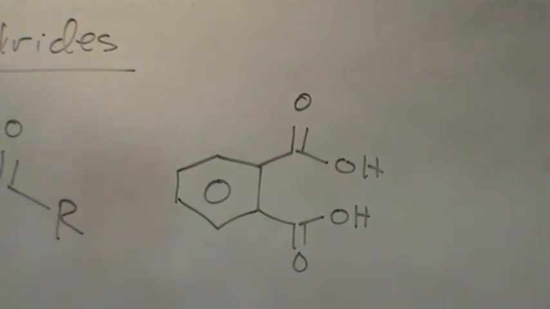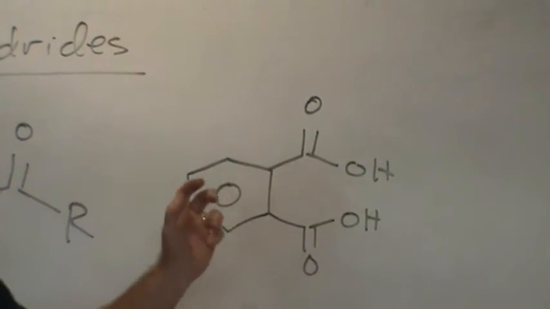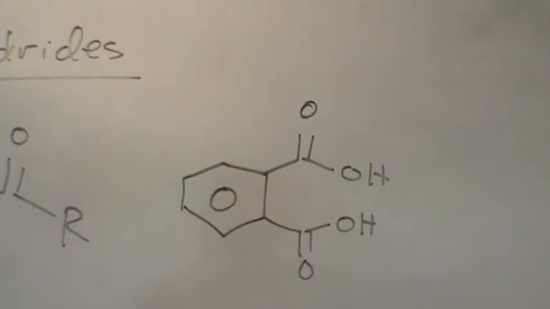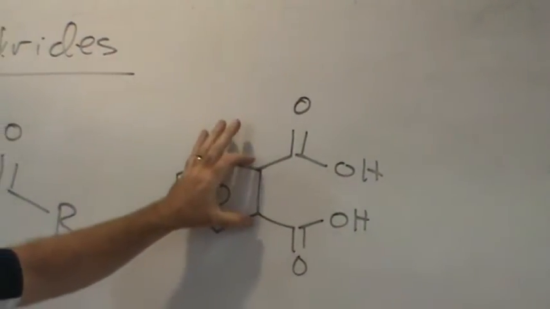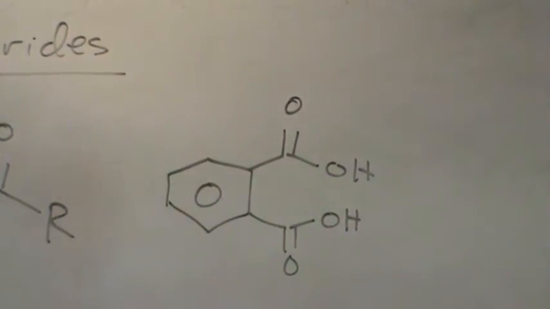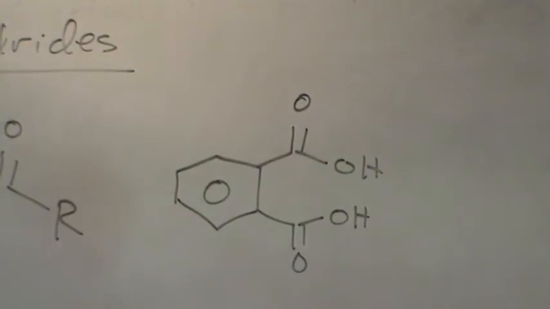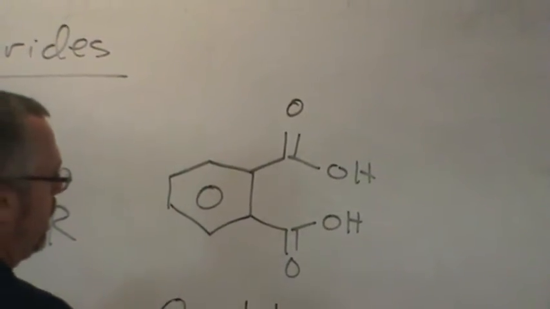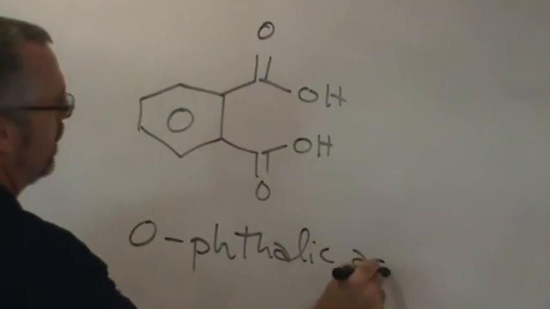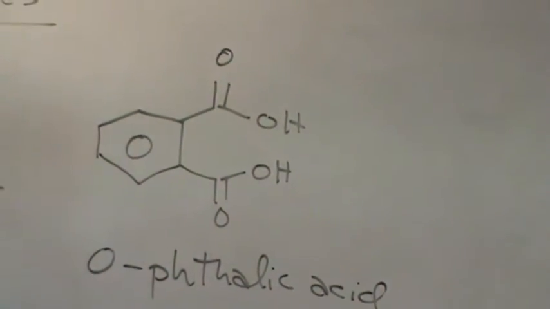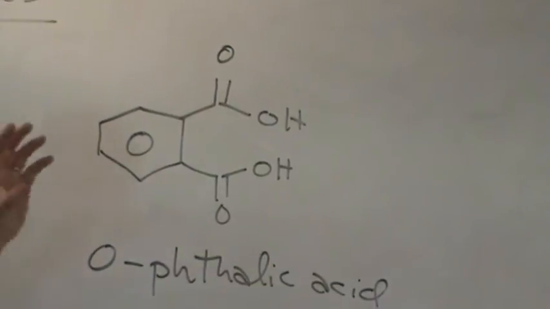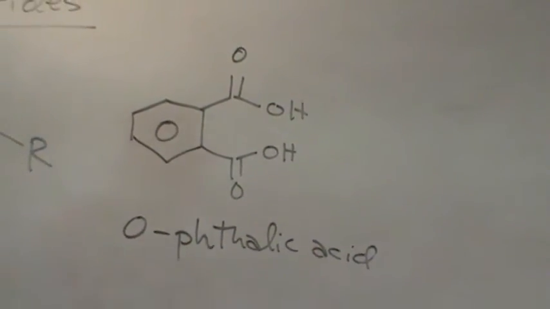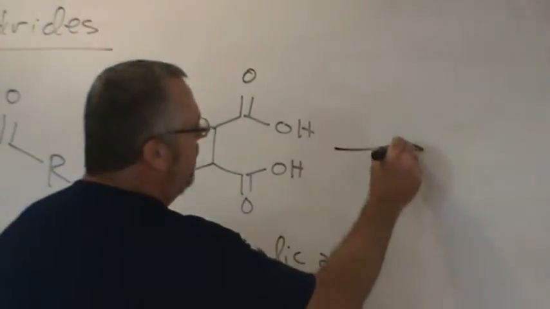And if you do that in a molecule like this, which is an aromatic ring in which I've got 2 carboxylic acids attached in an ortho position, this would be called orthophthalic acid, which is just a generic or trivial name. If you've got those 2 carboxylic acids right next to each other on the same molecule as we do in this case, then the reaction becomes a little bit easier.